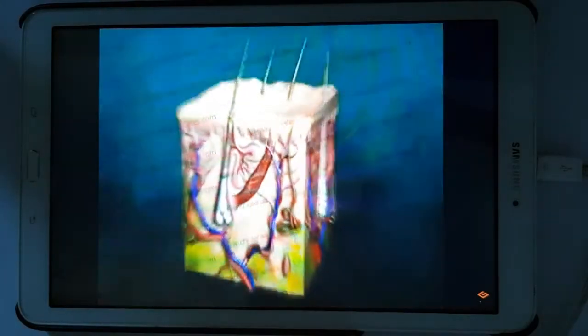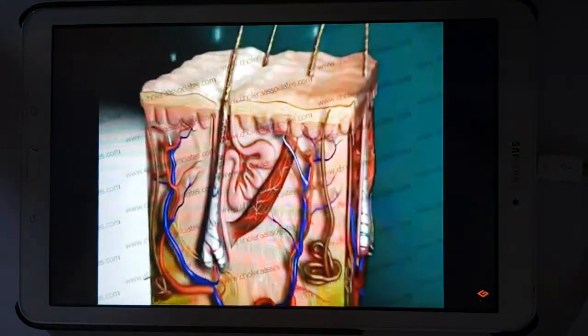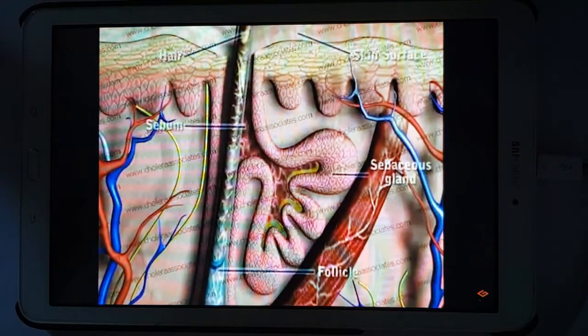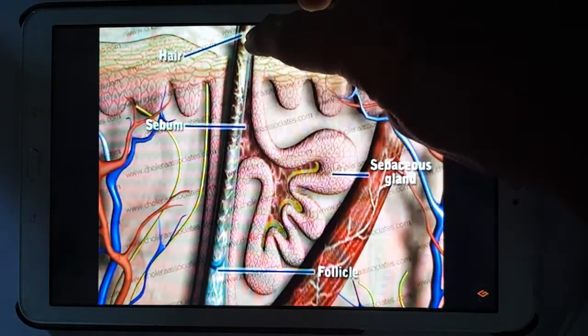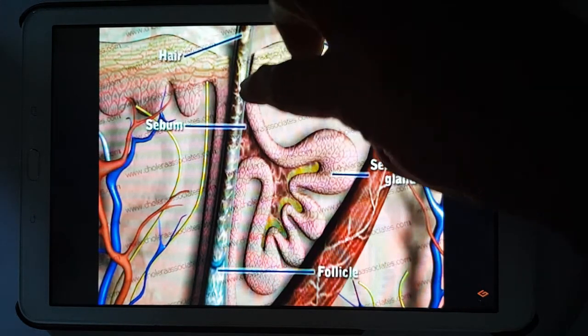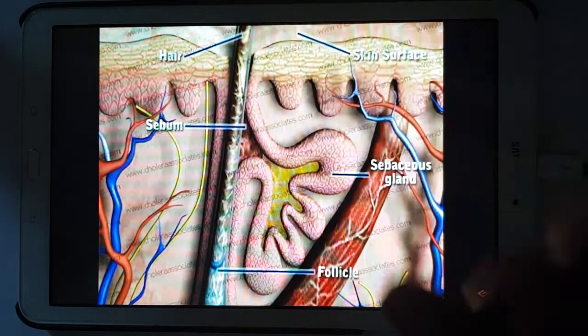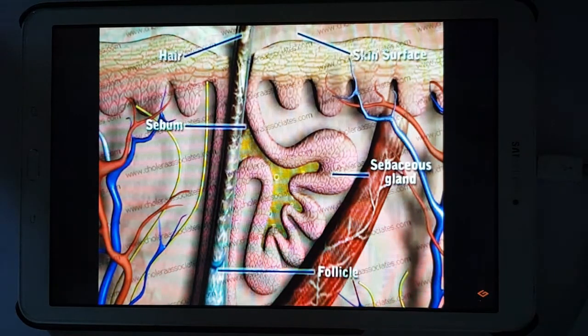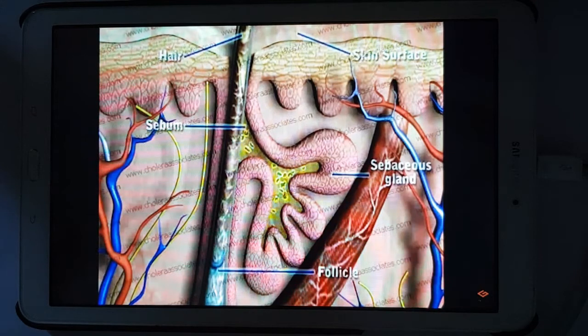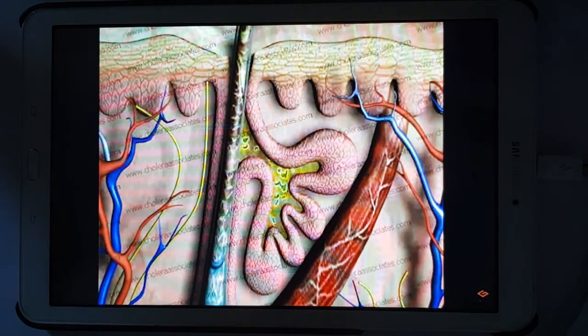And this is the video which shows the formation of blackhead and whitehead. The sebaceous duct gets blocked because of the hyperkeratinization, right? So these are all the bacteria that infect. So it forms whiteheads.